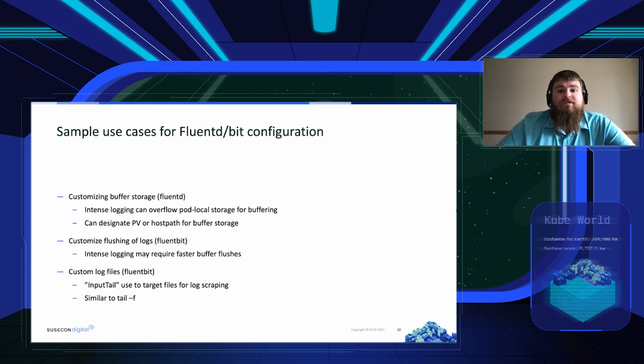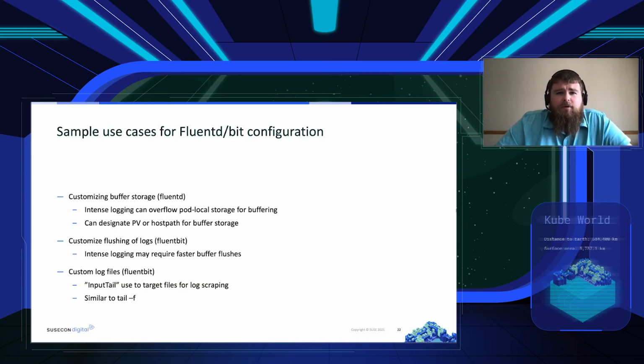Conversely, if we're seeing slowdowns by Fluentd flushing those logs out to an aggregation endpoint, we may want to increase the buffer or slow down the flushing of these Fluentd endpoints so that we're not overwhelming our central Fluentd instance.